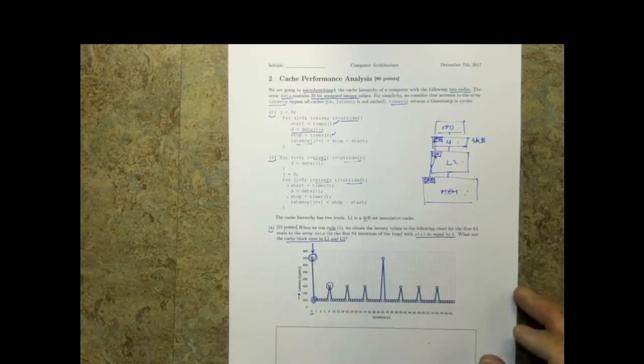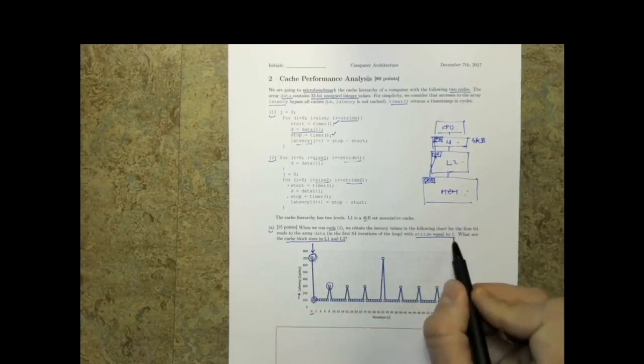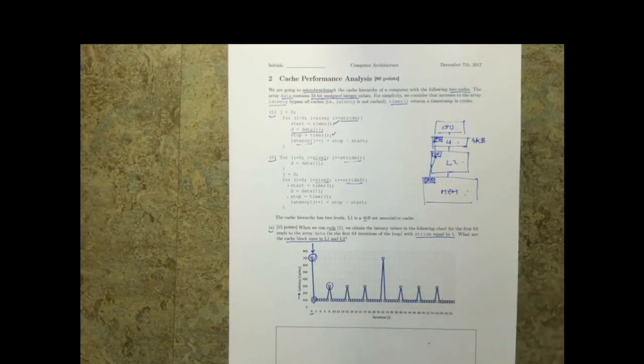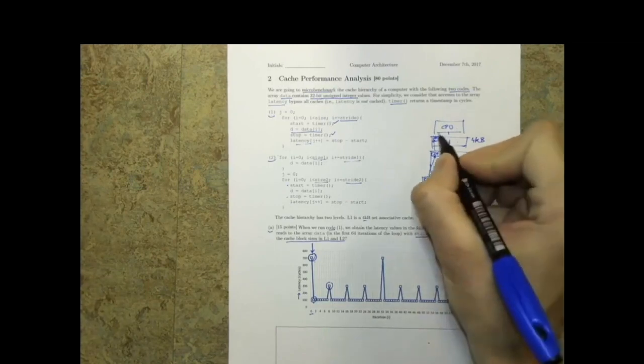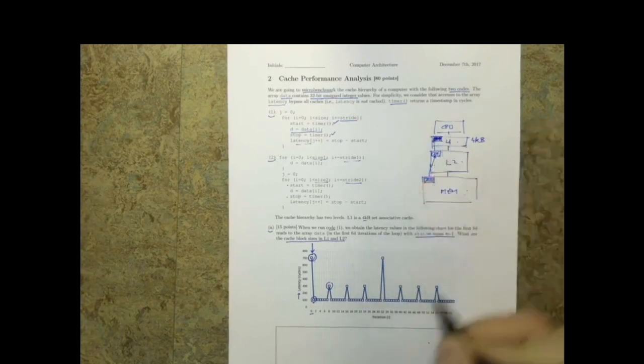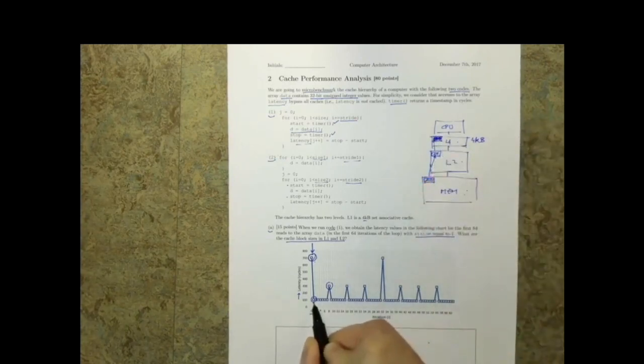Keep in mind that the next access is with a stride equal to 1, so it's exactly the next 4 bytes, which are also in the same cache block. So that's why we see this shorter latency of 100. And we see the same latency for the next 7 accesses. And right after that, the latency is 300.